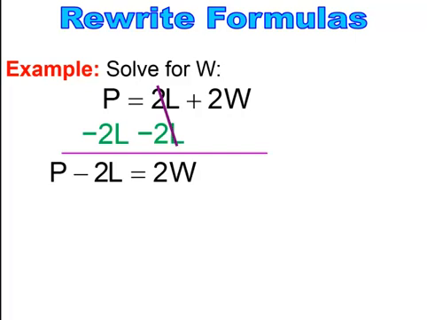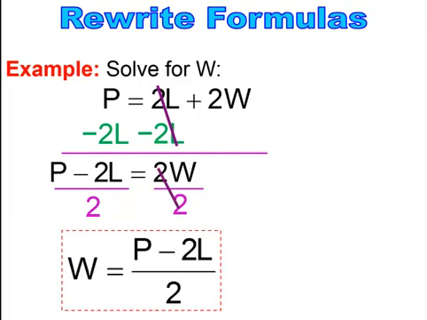And now I need to deal with what's attached to the w. So I'm going to need to divide through by that 2 in order to get w by itself. When you divide, you have to make sure you divide the entire side by 2, so that capital P minus 2L is all being divided by 2. So your formula for W would equal P minus 2 capital L all over 2.